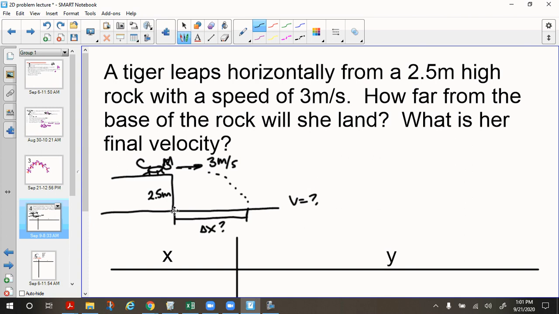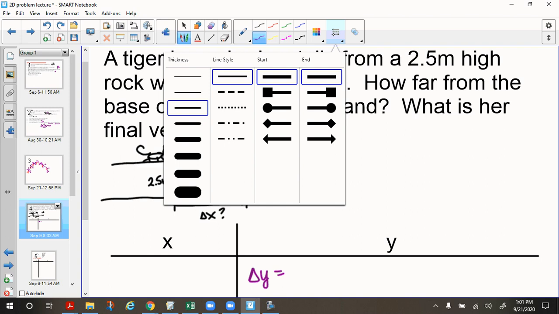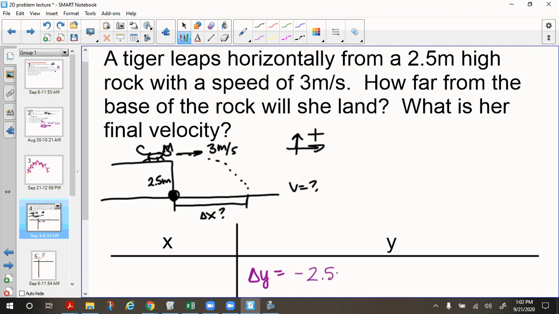Now we have to set an origin. I'm going to set the origin right here, and then I'm going to choose up and to the right as positive. Okay, so next we're going to fill out our XY chart with our knowns. So we know that our delta y is going to be negative 2.5 meters. And I say negative because the tiger starts at 2.5 and goes to 0. So final minus initial will be negative 2.5.